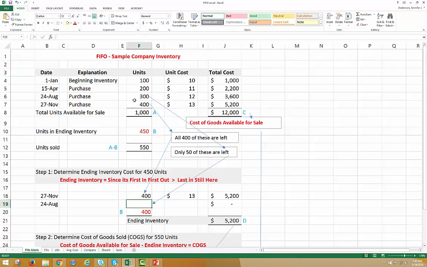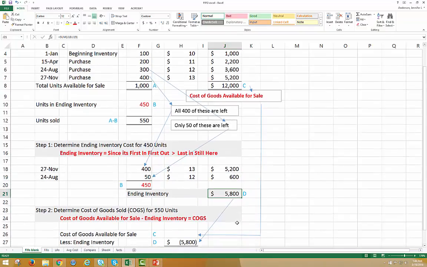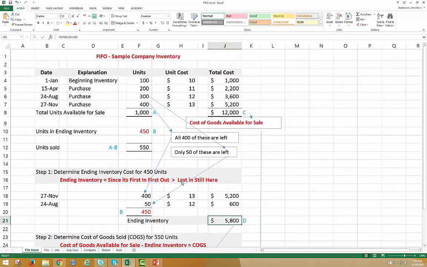And we still need 50 more, so 50 units of the 300 pool are still going to be there at $12. If you multiply that out, the 5,200 plus the 600 gives you 5,800 in ending inventory. That is your ending inventory balance, and that comes from the last ones in still being here using the FIFO method.